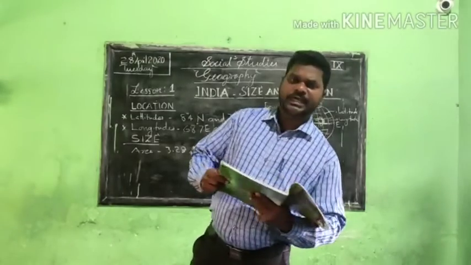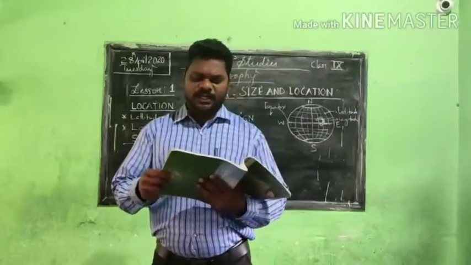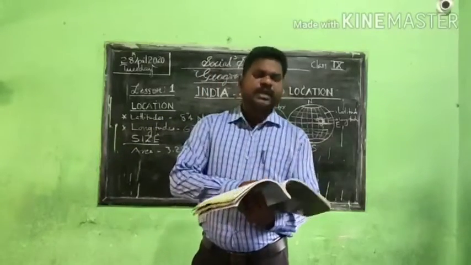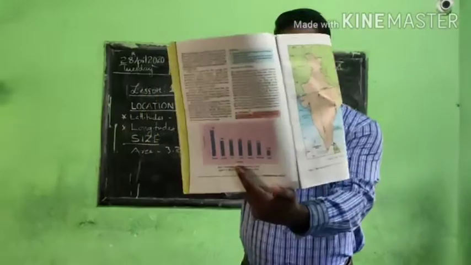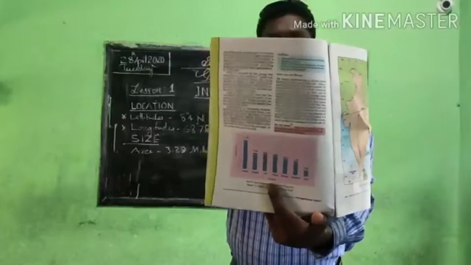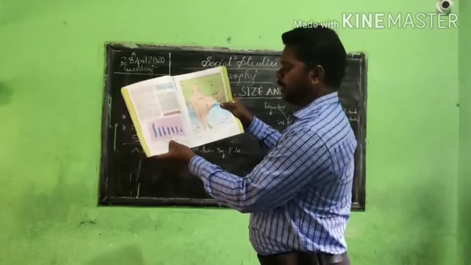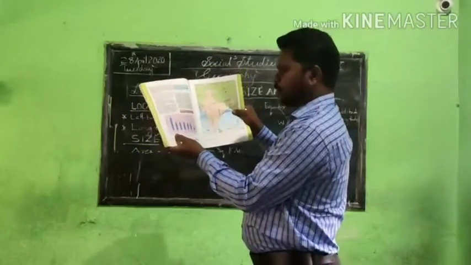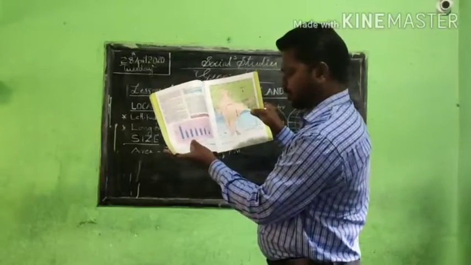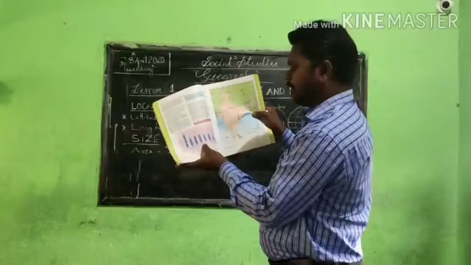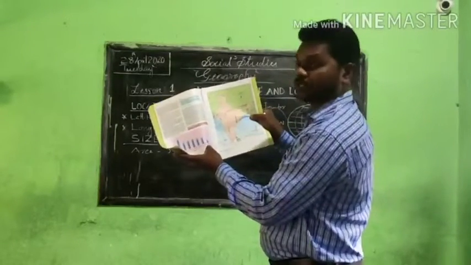While we are reading that topic, we can understand that India is the seventh largest country of the world. While you are seeing this picture, you will get clear information. The graph is already placed here. The first one is Russia, second is Canada, third is USA, fourth is China, fifth is Brazil, sixth is Australia, and the seventh one is India.